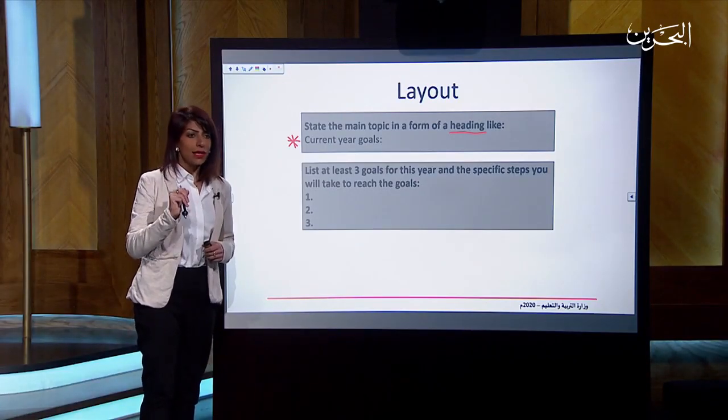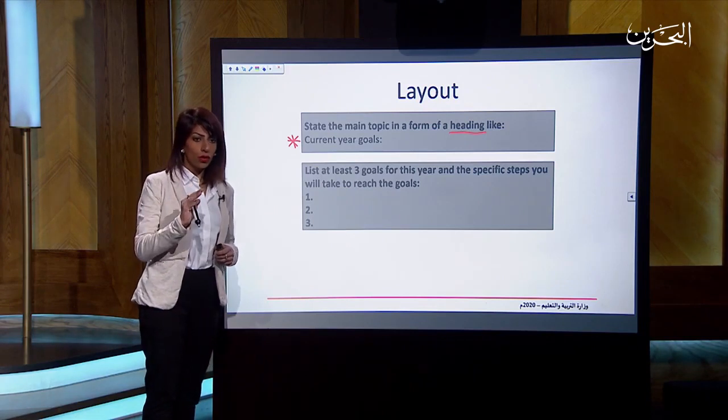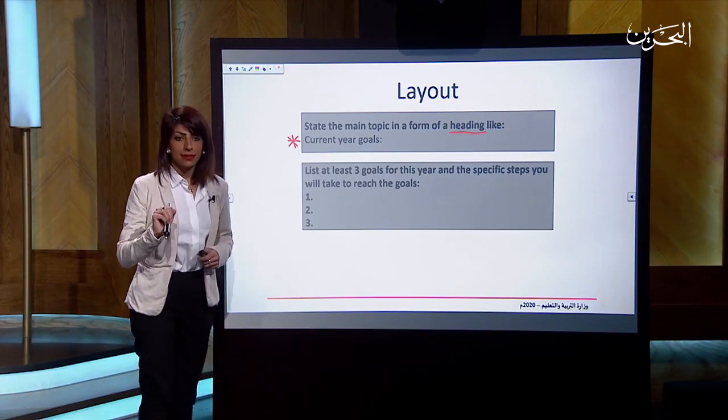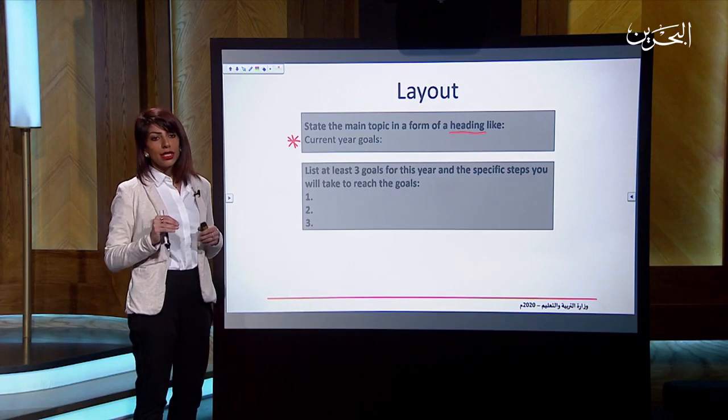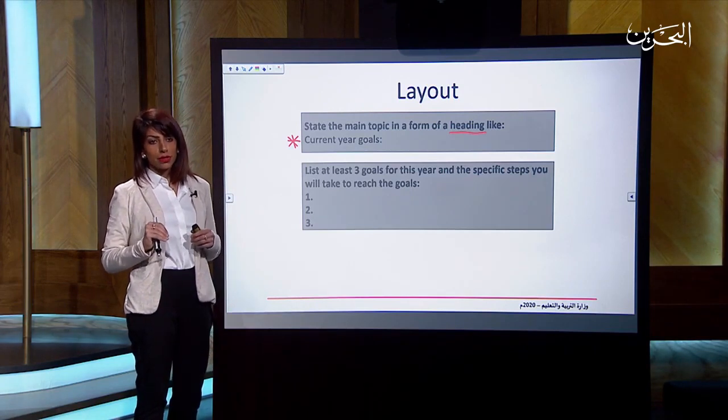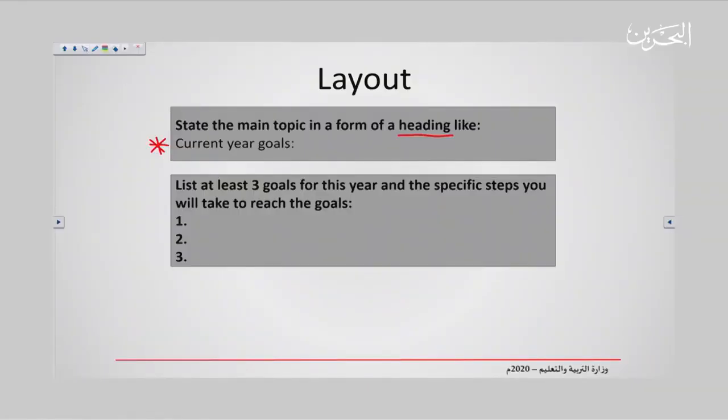You may ask now, is it okay if I mention 4 short-term goals? Yes, you're able to do that, but it shouldn't be less than 3 short-term goals. And you're going to mention number 1, number 2, and number 3. You have to list them in 3 or 4 points.